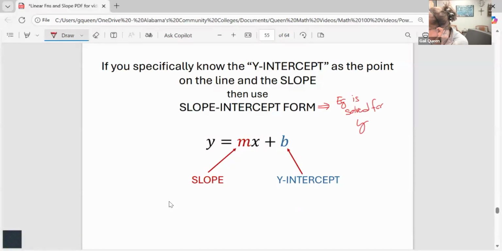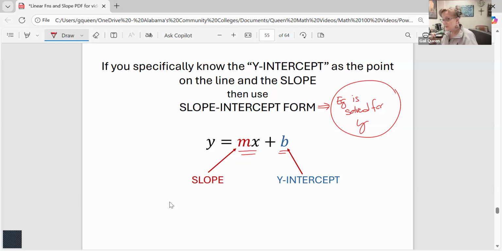So if you're ever asked to put the equation in slope-intercept form, all they're asking you to do is solve the equation for y. When you solve the equation for y, you will have an x term on the right side, and you'll have a constant term on the right side. The coefficient of x will be the slope number, and the y-intercept, where it crosses the y-axis, will be that constant b number there.